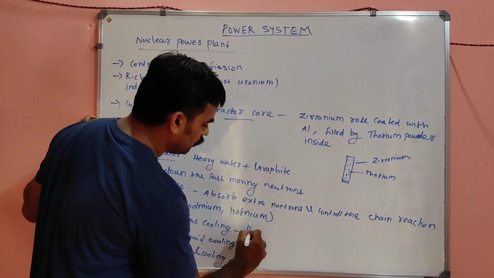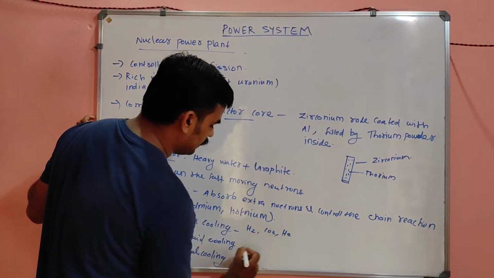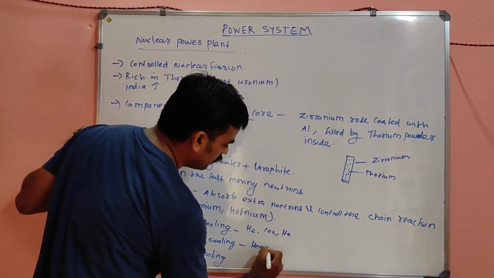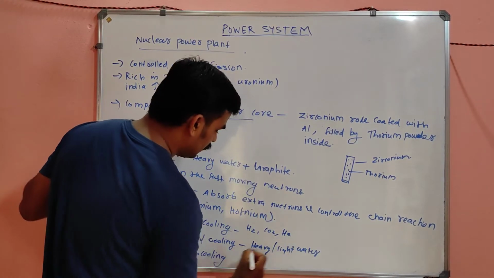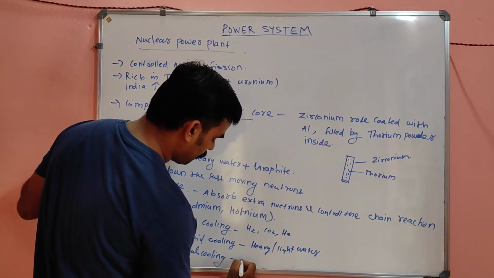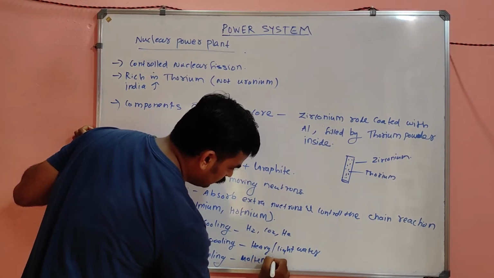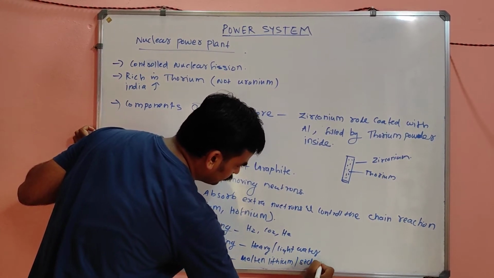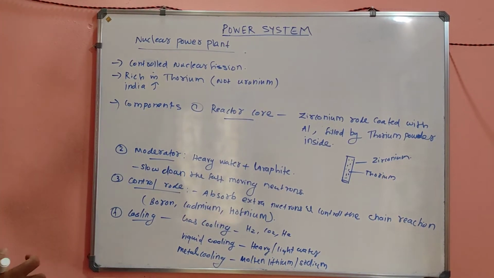Gas cooling means you can use hydrogen, carbon dioxide, helium, etc. Liquid cooling means heavy or light water. And metal cooling means molten lithium or sodium. You can use them as molten coolant. That's all. Simple.